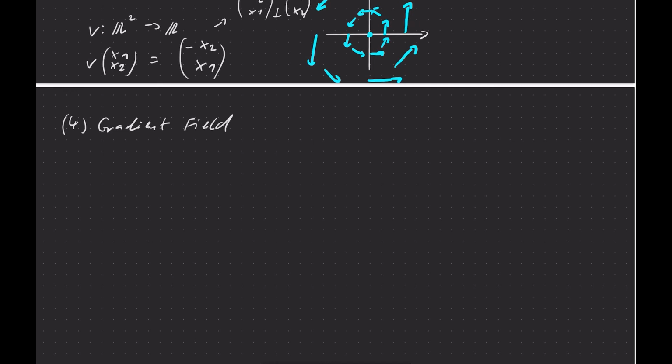So if you have a scalar field, let's say a function capital F, defined on Rn, a mapping to R, let that be a scalar field, and say it's differentiable.